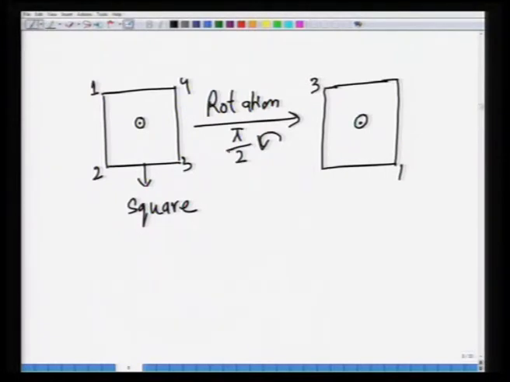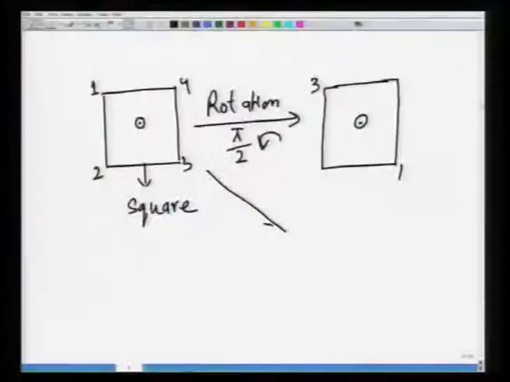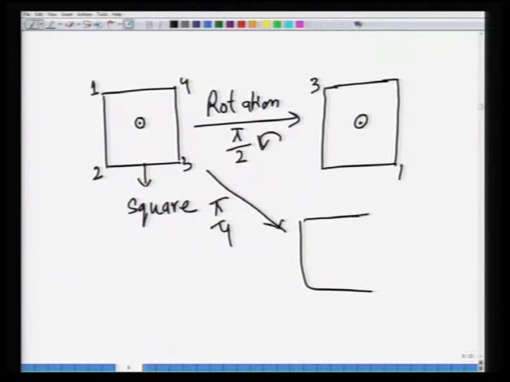So, this pi by 2 is a rotation operation which allows this face to come back in the original position. Now, the question is, what is the minimum angle by which you can rotate it, and that minimum angle is pi by 4. So, if you do it by pi by 4, 90 degrees, which means 1 goes here, 2 goes here, 3 goes here, 4 goes here, and still it looks the same.